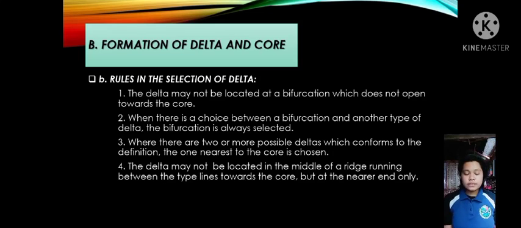The fourth rule in selecting delta, the delta may not be located in the middle of a ridge running between the type lines towards the core, but at the near end only. So the fourth rule in selecting delta was simply explained by the given pictures above.